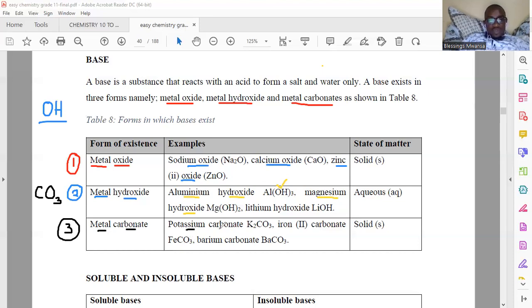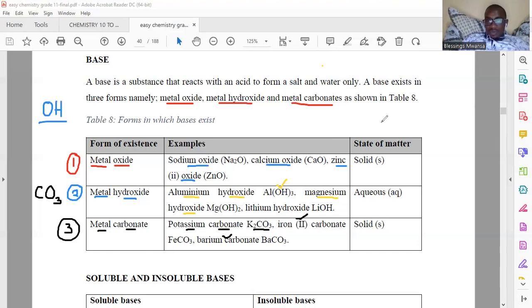Potassium combines with carbonate, I will have what is known as potassium carbonate. Iron carbonate, barium carbonate. These are the three forms in which bases exist.